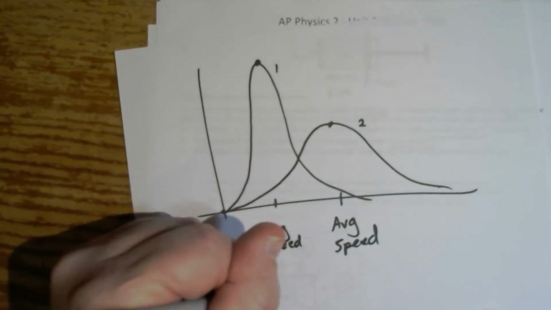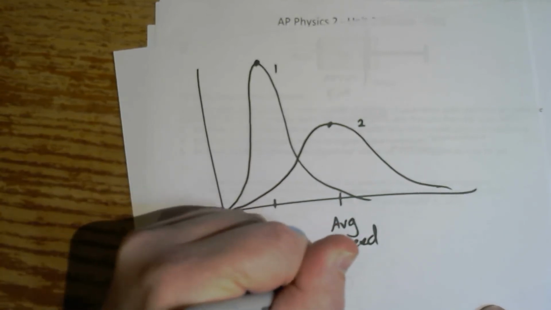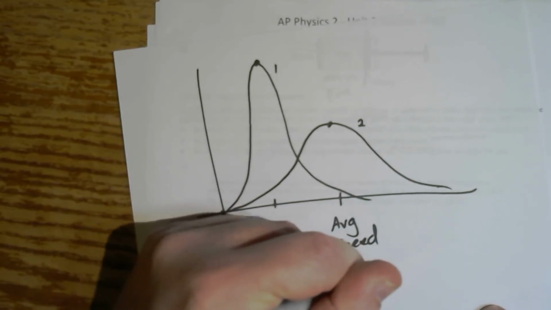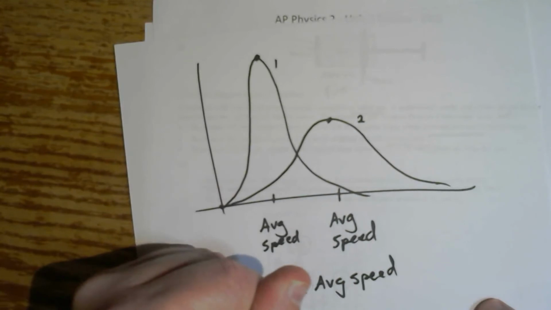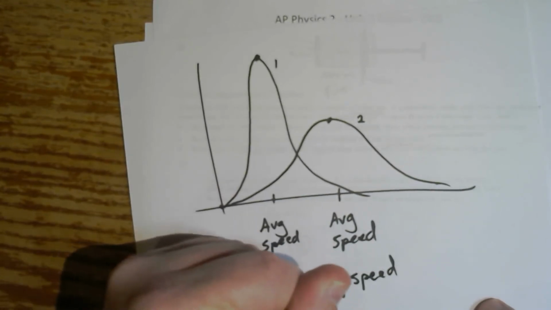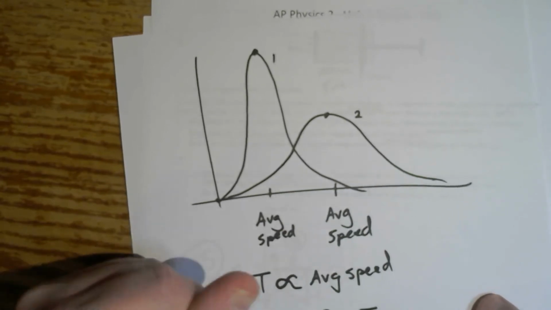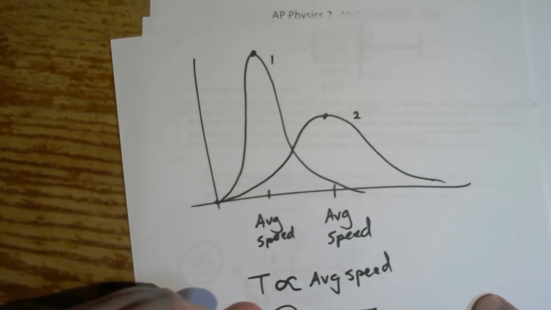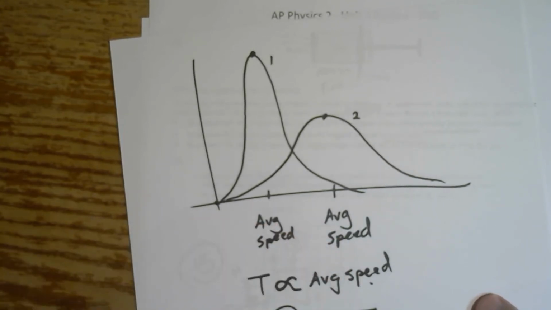And if you remember, temperature is proportional to that average speed of the molecules. Specifically, kinetic energy is equal to 3/2 times Boltzmann's constant times the temperature. And so that speed term is in here. Specifically, it's the v squared in 1/2 mv squared. That v term, the higher that average speed, the more temperature you have.